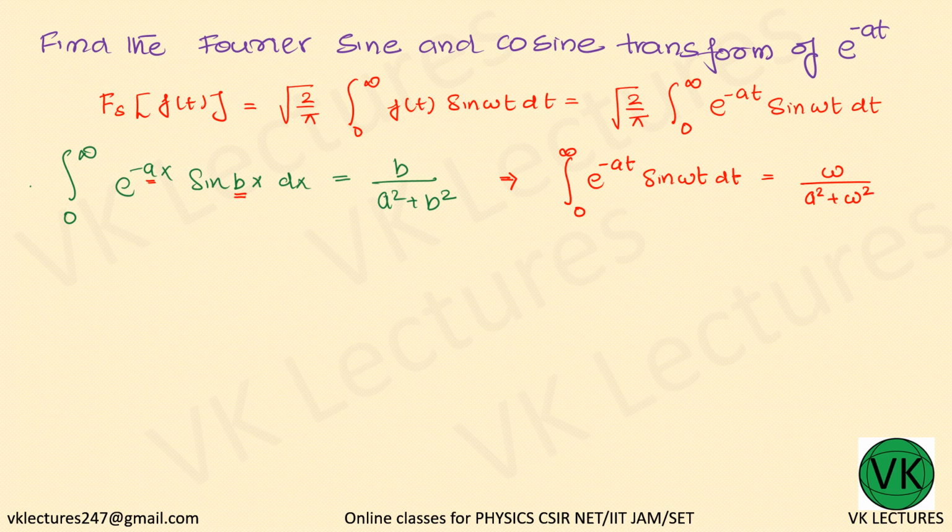So Fs of the function e to the power minus at is equal to root of 2 by pi into omega divided by a square plus omega square. So this is the Fourier sine transform.